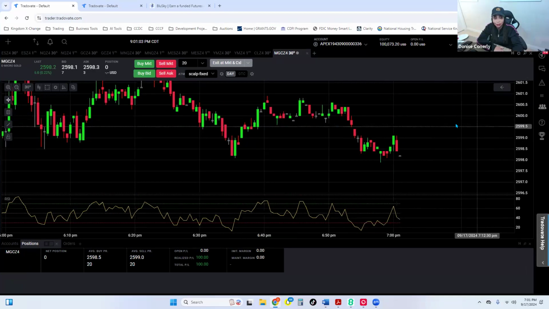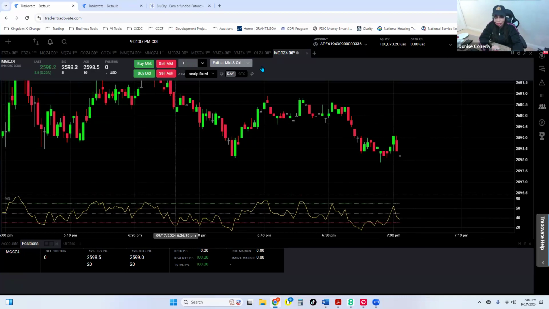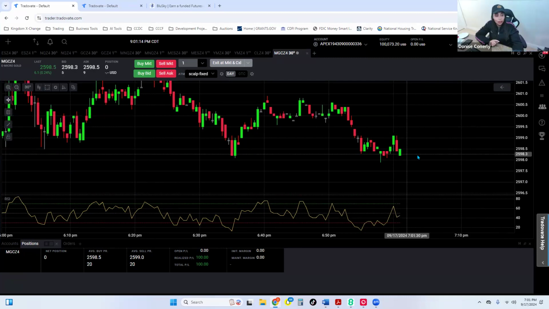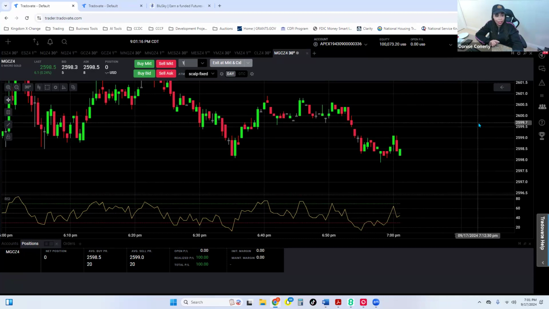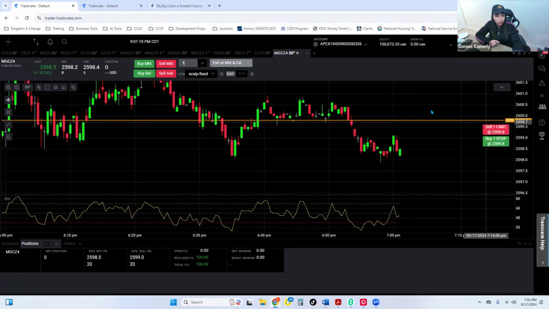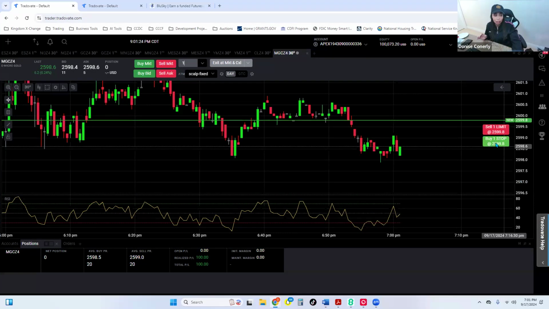Let me change this to one contract in case I mess up. So if I'm in a trade, once you put it on the screen, it doesn't do anything, right? But once you hit it, it asks if you want to do a buy stop or a sell limit.